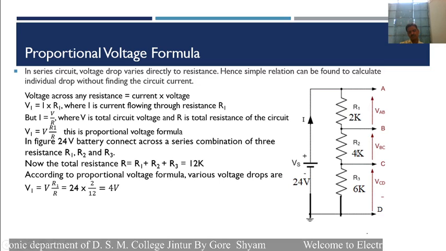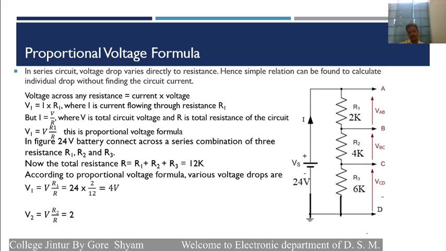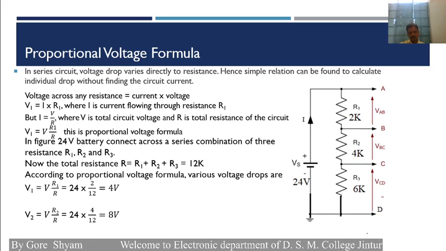Now let us find the voltage across the resistance R2. Suppose the voltage across R2 is V2, and V2 is equal to V into R2 divided by R, which is 24 into 4 divided by 12, equal to 8 volt.